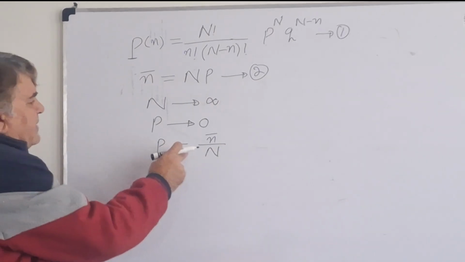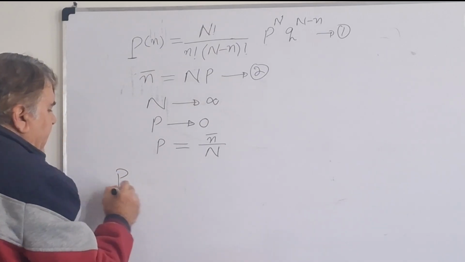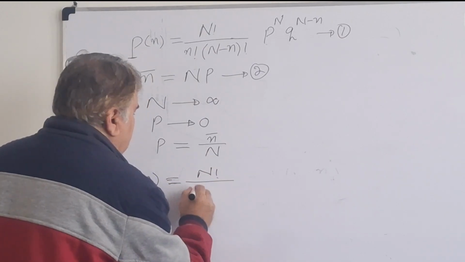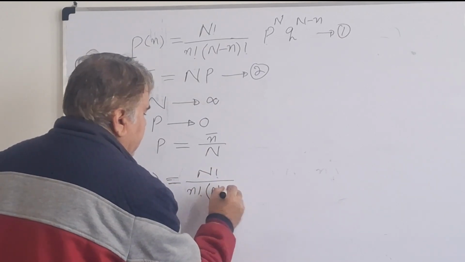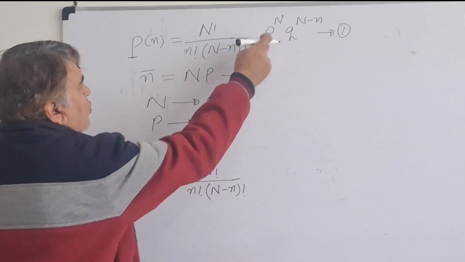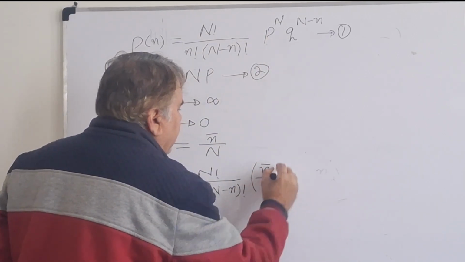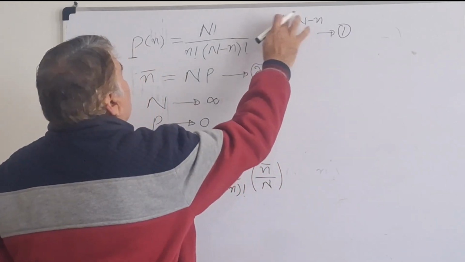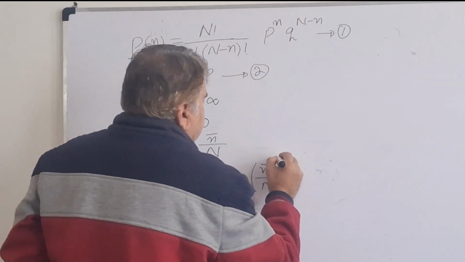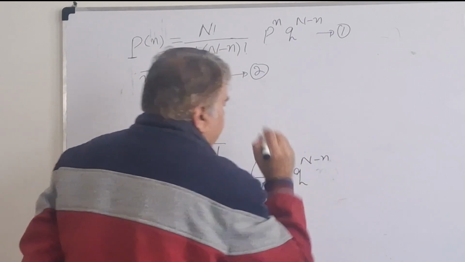And now, if I replace this value in equation 1, I can put equation 1 again into another form, N factorial divided by n factorial multiplied with (N minus n) factorial, and then I put this value for small p to write it as n bar divided by capital N raised to the power, oh, this is small n, this is not capital N. So I put that small n into q raised to the power N minus n.